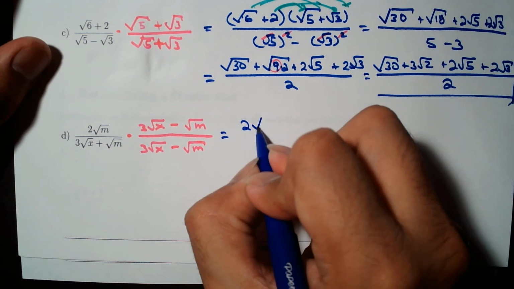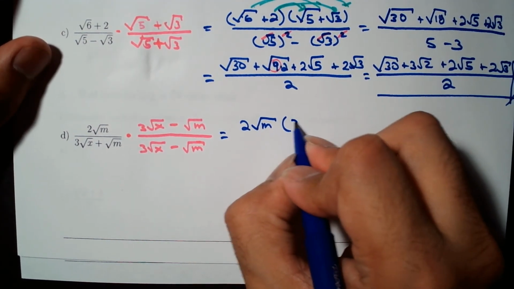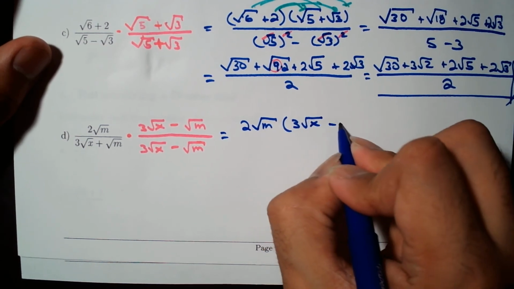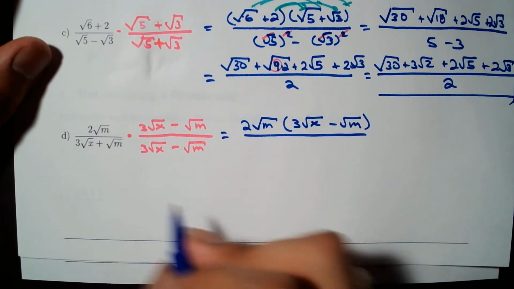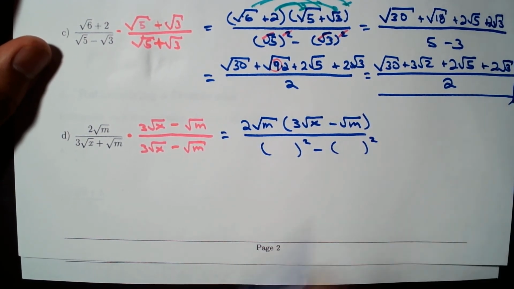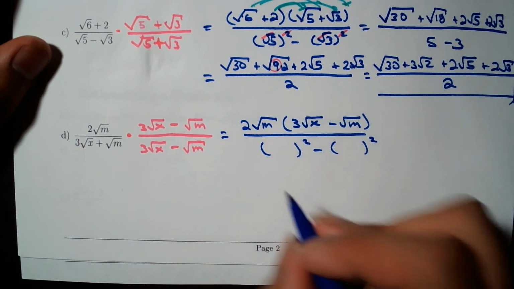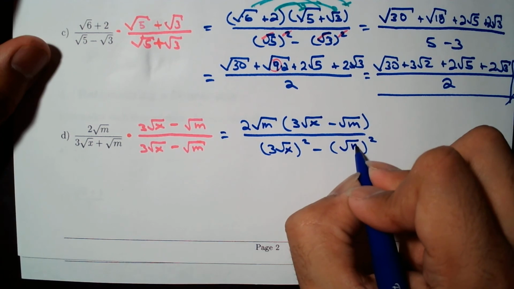Well, 2 root of m times 3 root of x minus root of m. And then in this case, quantity squared minus quantity squared. All right, so for the first quantity squared, 3 root of x. And for the second, root of m.